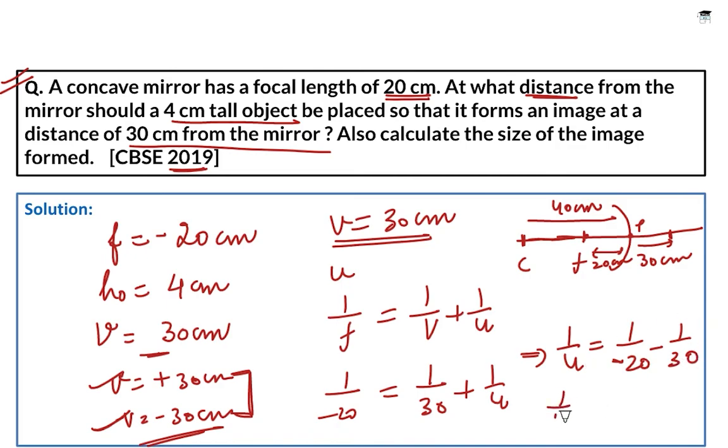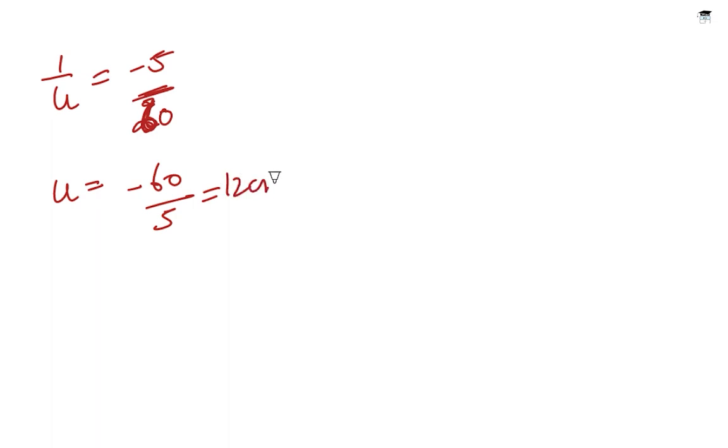Okay, so solving this, we have to take the LCM, 60, minus 3 minus 2. So it's going to be minus 5 by 60. We'll have to take the reciprocal here because we want to find U. So it's going to be minus 60 by 5, which is 12 centimeter. So U has come out to be minus 12 centimeter.